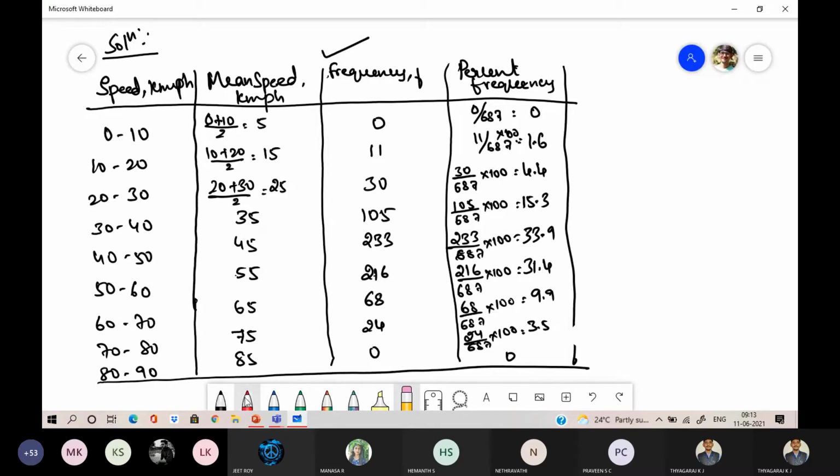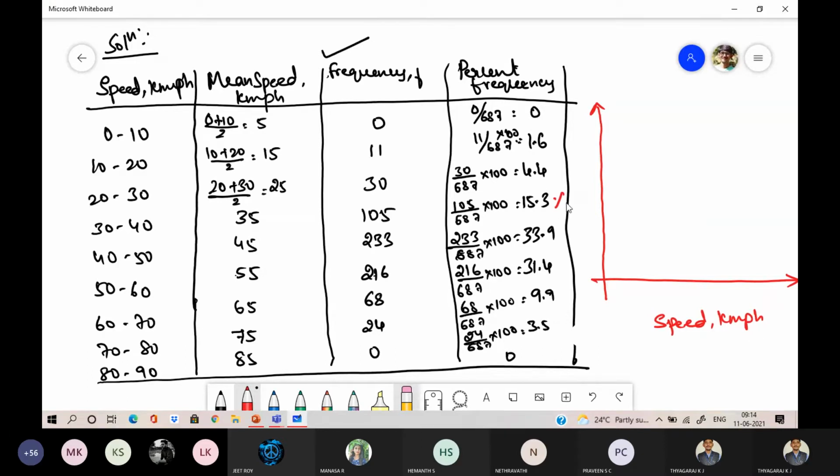Now, take out your graphs. So, in the graph, the x-axis will be the speed in kmph.